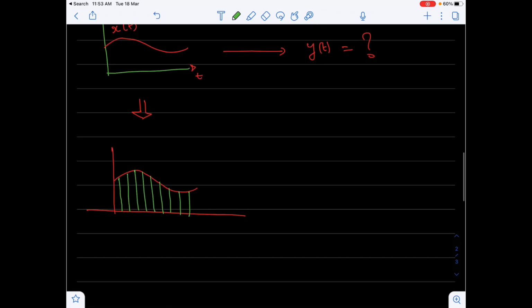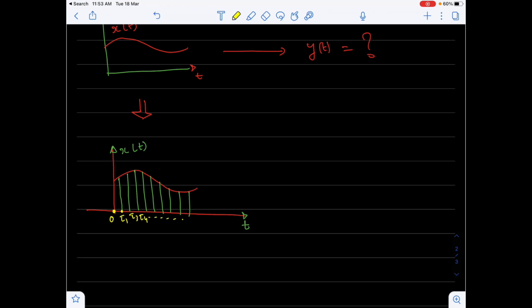But right now, for understanding, this is x of t and this is the function of time. Now you see, I will break down these points. Let's say this point is 0, then this is the point tau 1, this is the point tau 2, and this is tau 3 and tau 4 and so on.